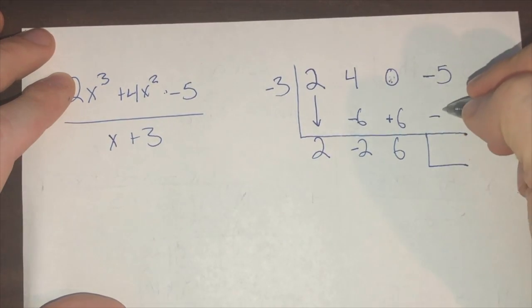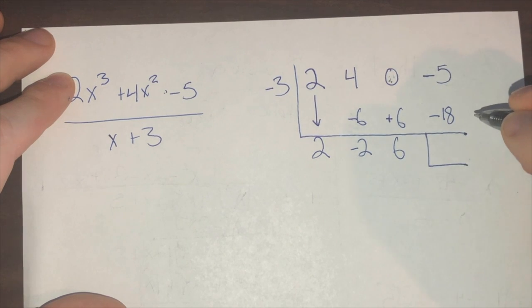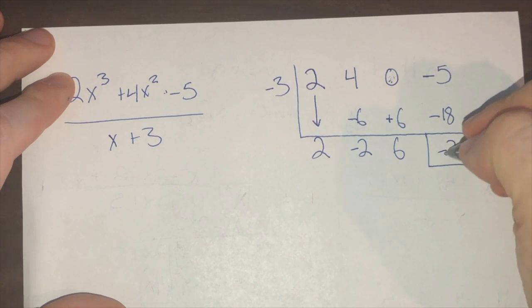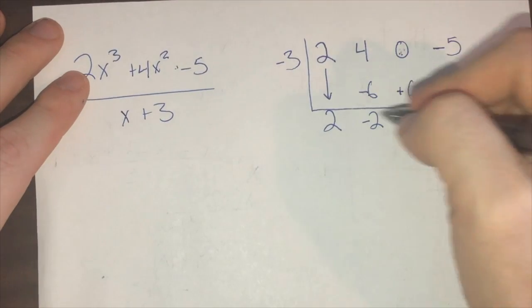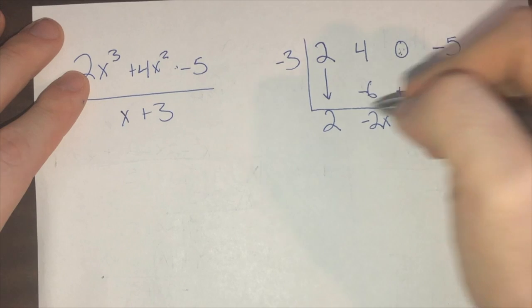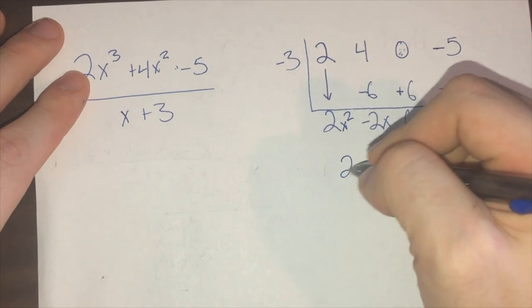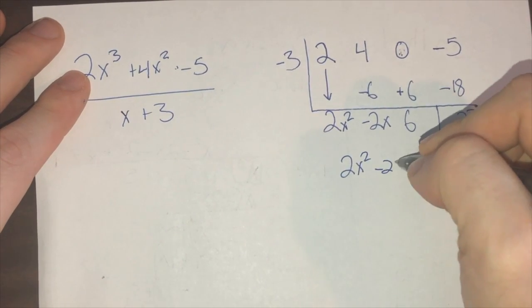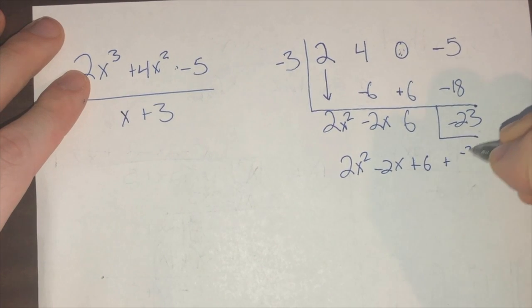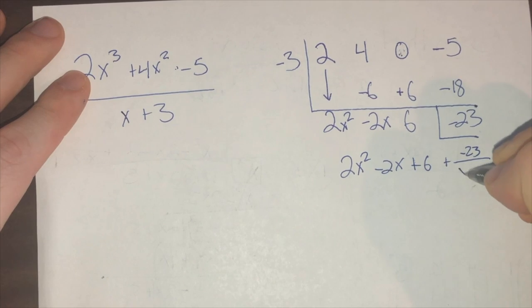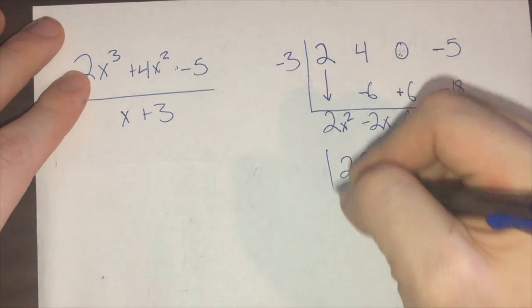Multiply again, negative 18. Add, negative 23. So that gives me, okay, be careful, this is nothing, x squared. So I get 2x squared minus 2x plus 6 plus negative 23 over x plus 3, okay?